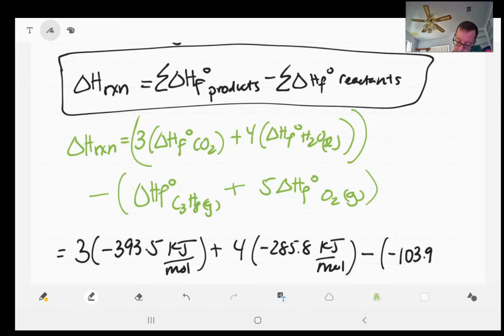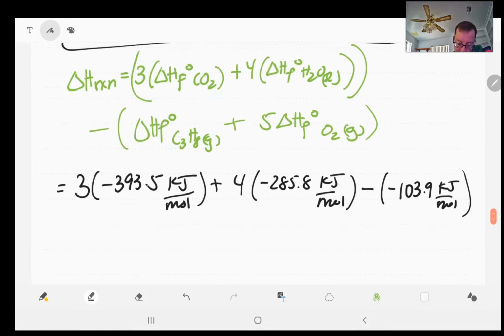And the last one we have, kilojoules per mole. I'm just going to keep the minus 5 times 0. This is something special. If you look up oxygen, you'll find that it's 0.